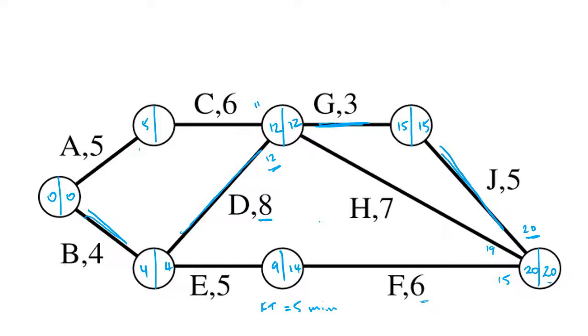That means I can delay until 14 minutes after the start to start activity F. So this is my float time, is that 14 take 9, and that'll be helpful for you later on to consider. Let's also look further up here. I have a 12 take a 6, that's 6. So the difference between those two is 1 minute. So that's nice to know. We have a float time of a minute there.